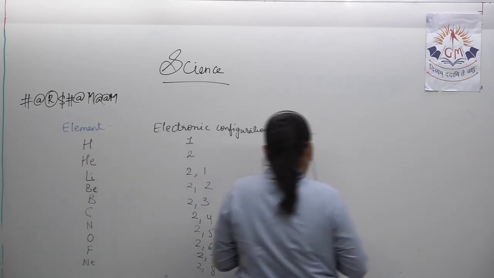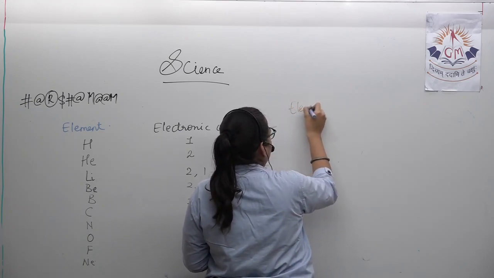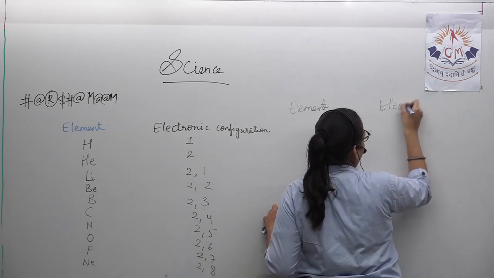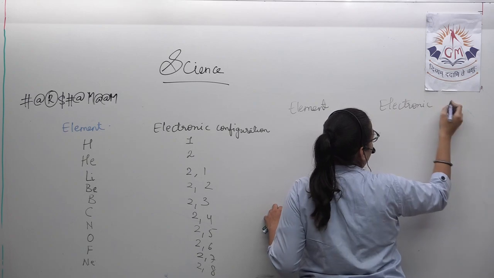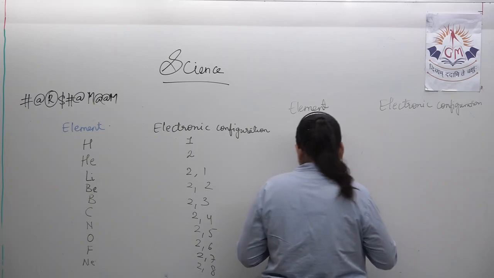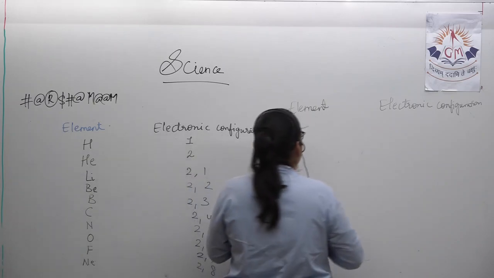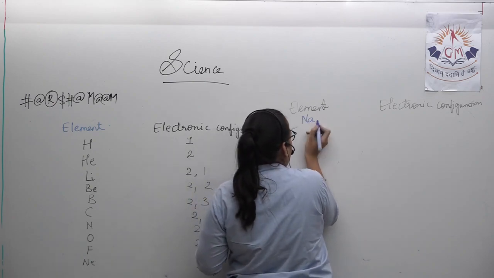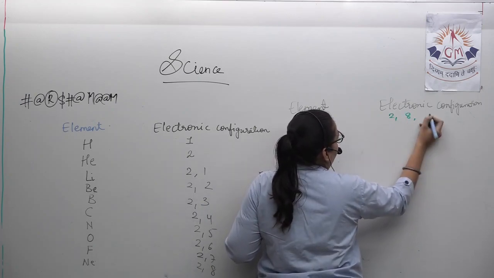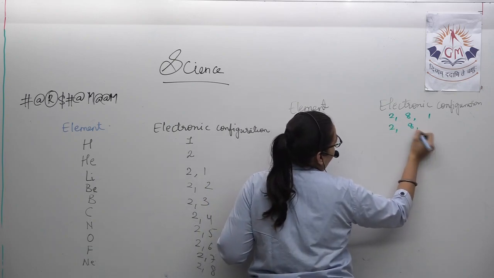Next, the element and its electronic configuration. Neon we have already noted. Then sodium: first orbit is 2, next is 8, then it is 1. Magnesium, 2, then 8, then 2.